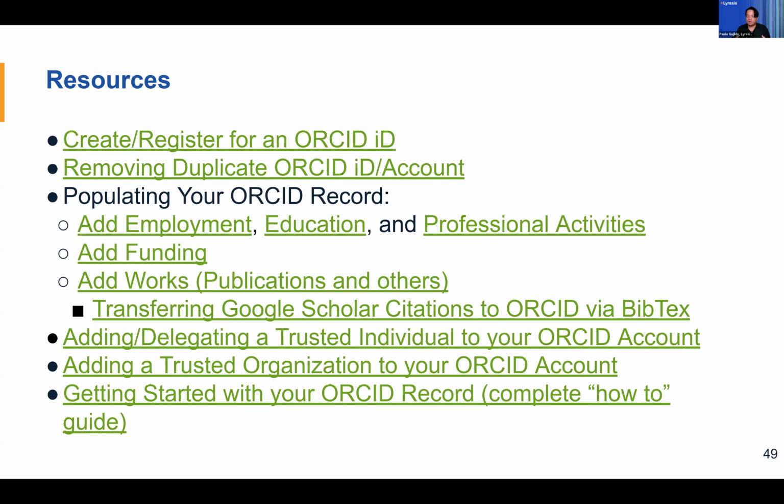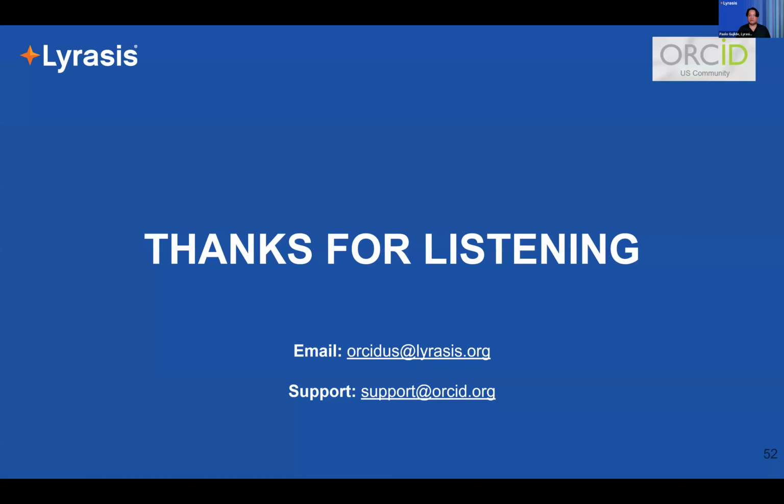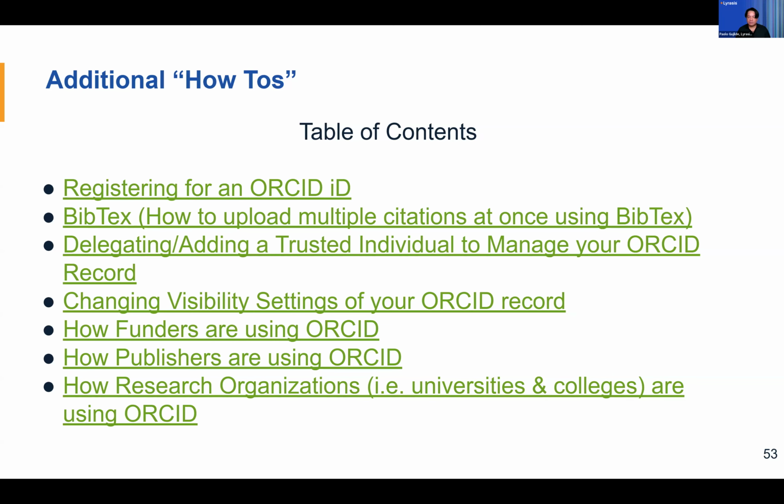That makes it easier for you to just upload all your citations to ORCID. So there's a how-to guide in this slide deck for you to do that. All of this information is available in the slide deck. At the tail end of this slide deck, we also have additional how-tos to give you more details on what you can do with ORCID.